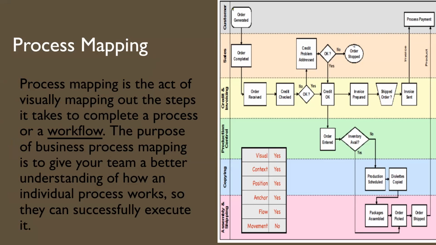It's just bringing out visuals, mapping out the steps that it will take to complete a process, to complete a workflow. And the purpose of process mapping is to give your team.